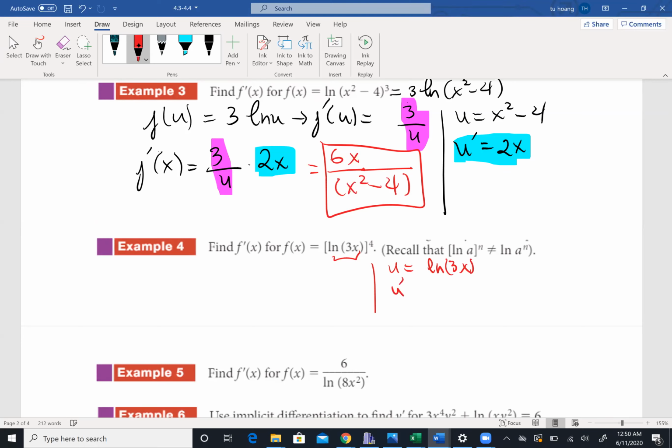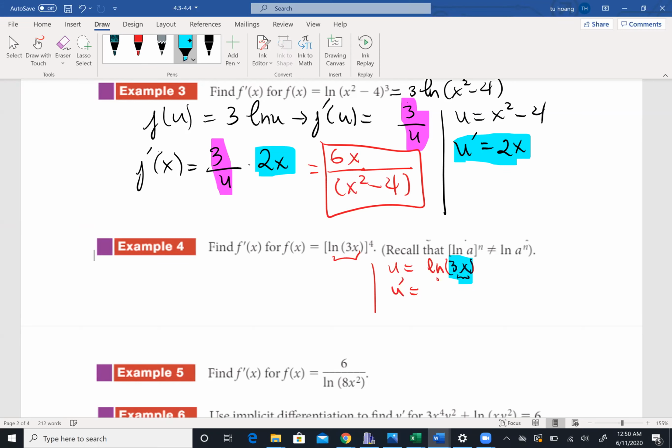And if I want to take the derivative of u, in this case, I have to take... okay, so in this case, again, you still have to apply the chain rule to this ln, because why? Because the argument in here is 3x, right?